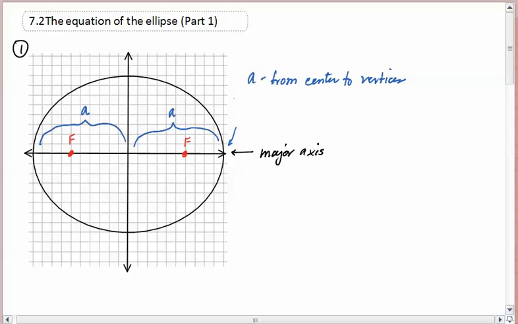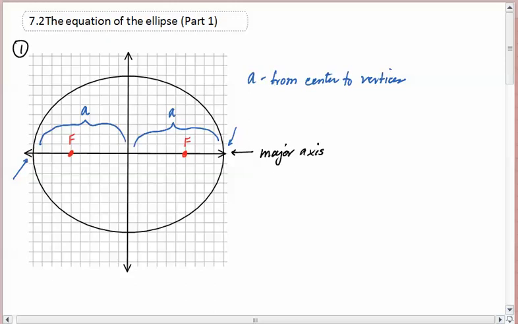So we'll just call the outermost points of the ellipse the vertices. So from the center out to the furthest edge on the major axis is what we call A. Okay, and it's from the center out in either direction.